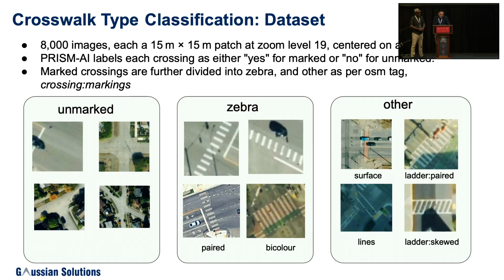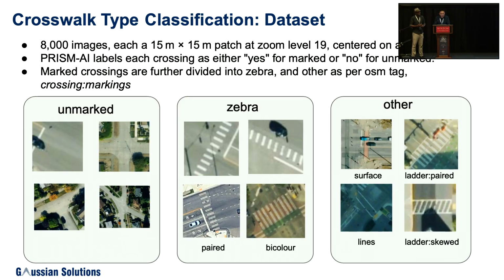So when we build our model, the first step is to create a data set. For this classification task, we collected around 8,000 images at zoom level 19, centered around each crossing line string in the OSM data set we have. And then we label each of them as yes for marked and no for unmarked.